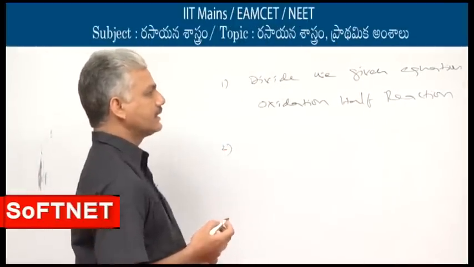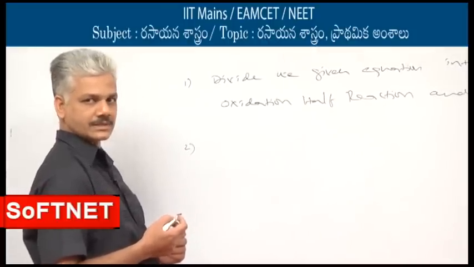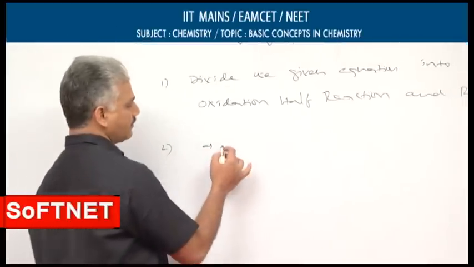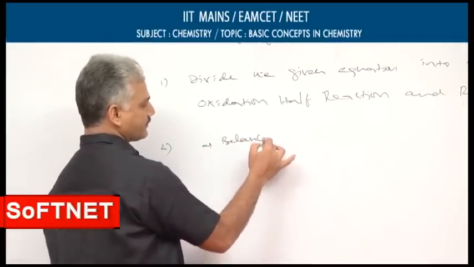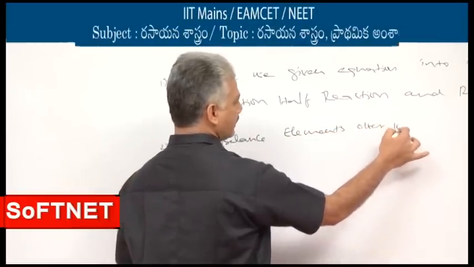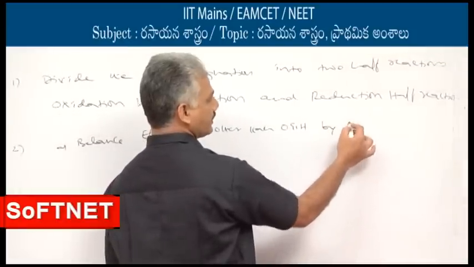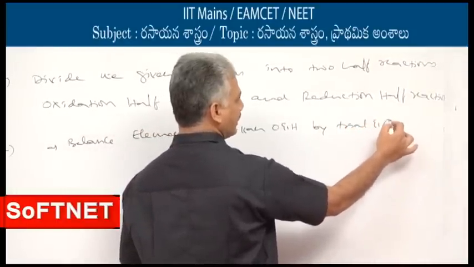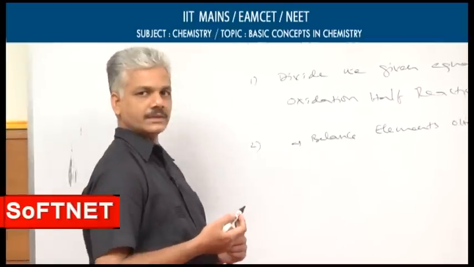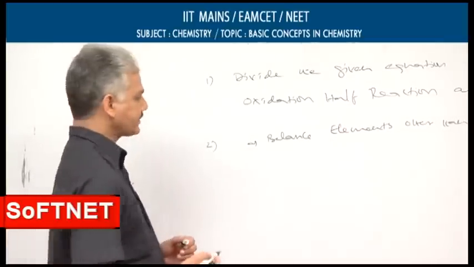After dividing the given equation into two half reactions, each half reaction has to be balanced in the following sequential order. First, we have to balance elements other than oxygen and hydrogen by the trial and error method. That means we just have to multiply with suitable numbers so that the element is balanced.